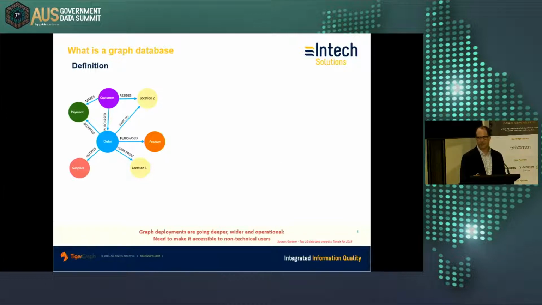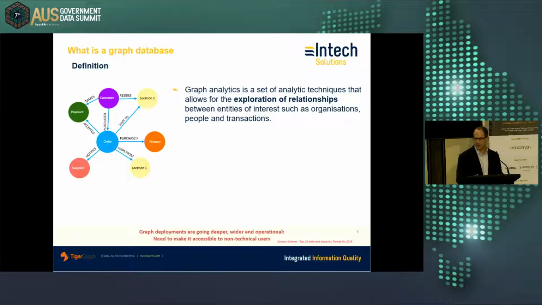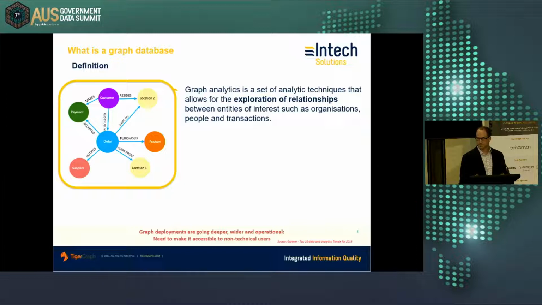So firstly, to define what a graph database is. That picture up there kind of tells its own story. To read that out, graph analytics is a set of analytical techniques that allow for the exploration of relationships between entities. So the key thing is that it focuses on the relationships of the entities rather than the entities themselves. Okay?